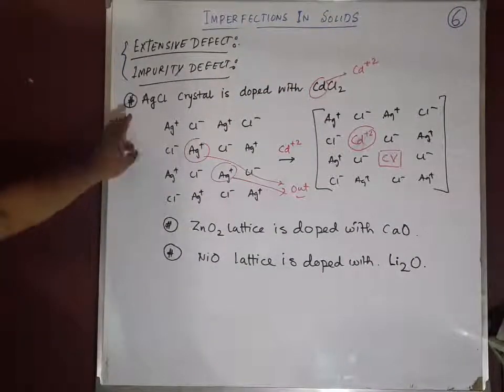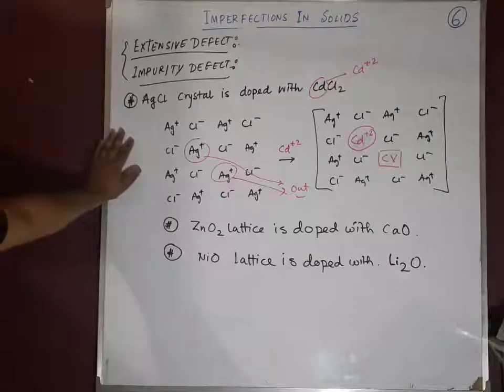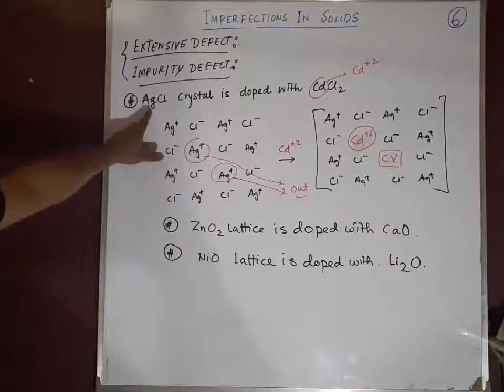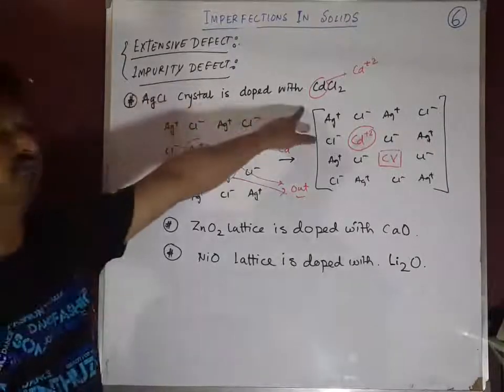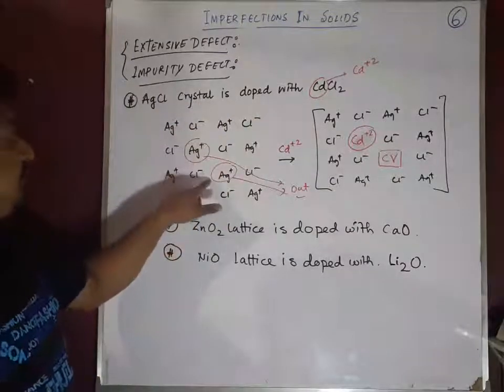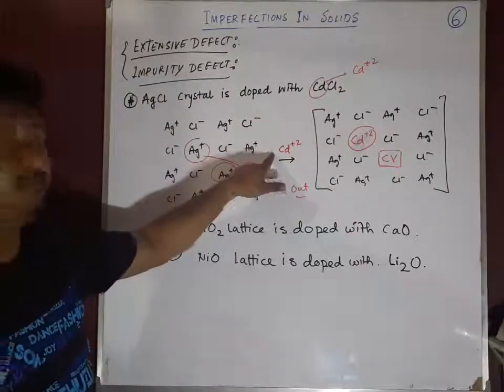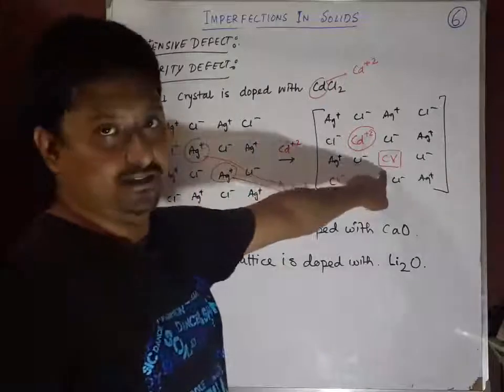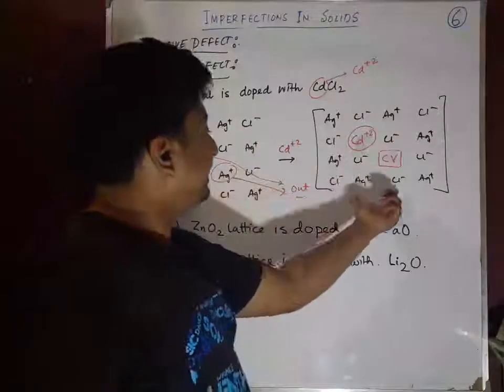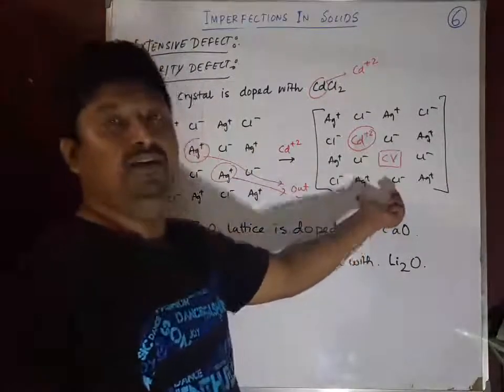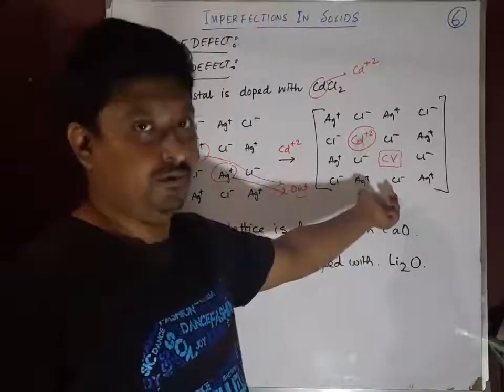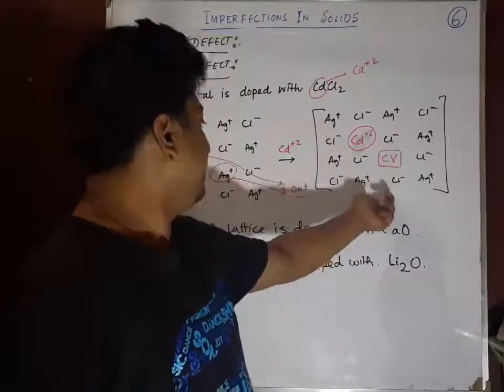So I am repeating once again: if you dope silver chloride with cadmium chloride, 2 silver will be replaced by 1 cadmium followed by 1 cationic vacancy. This material is electrically neutral, but it shows different kinds of properties that I will talk about later.